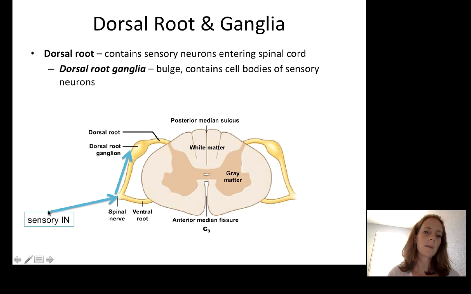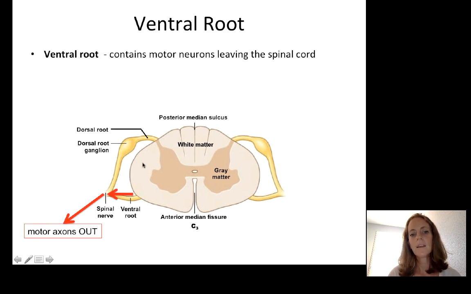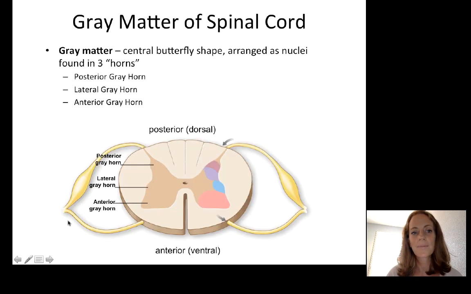So the sensory information is going to come in through the dorsal root ganglion, through the dorsal root, and into the dorsal spinal cord. The ventral root of the spinal cord, on the other hand, is going to be motor axons coming out of the spinal cord, and more on these later.